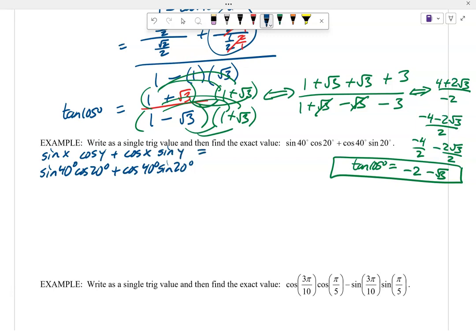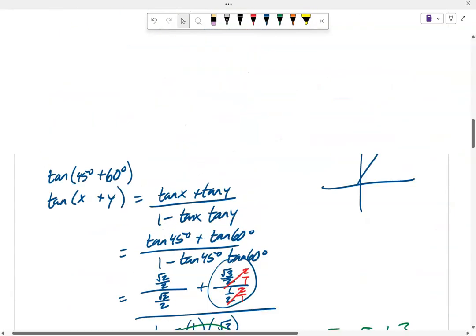So I'm looking for the formula, because I don't have 40 and 20 on my unit circle, but I'm trying to write this as an exact value. I'm looking for the formula that has sine x cosine y plus cosine x sine y.